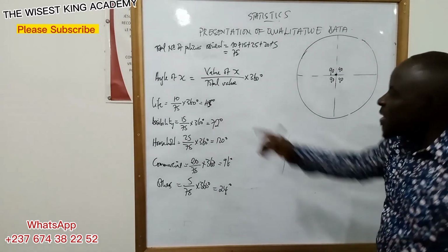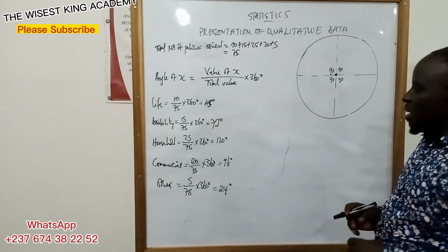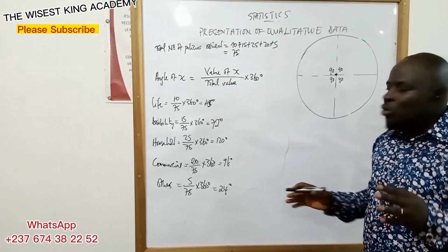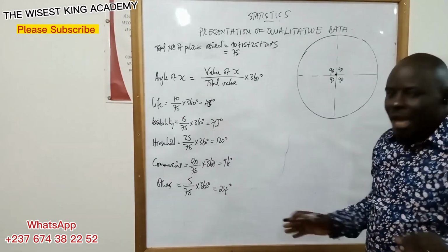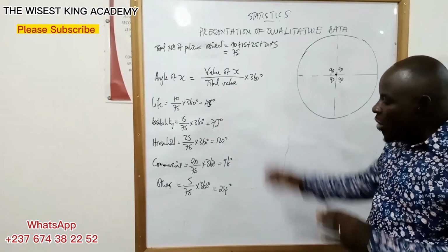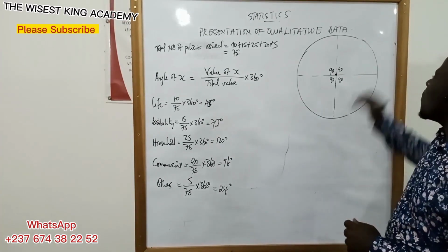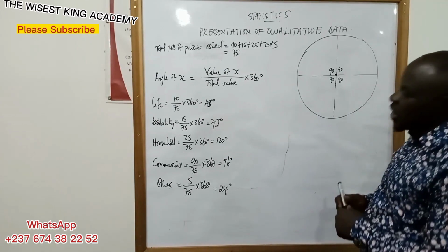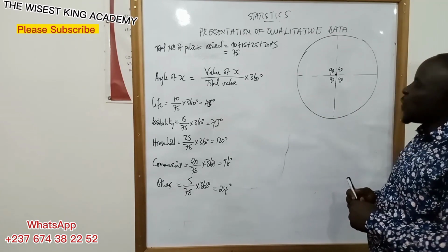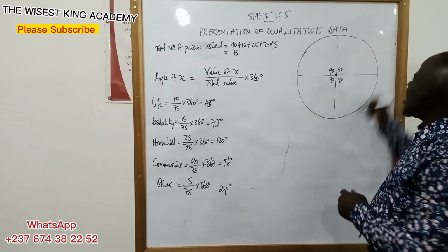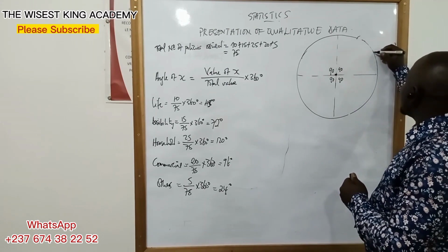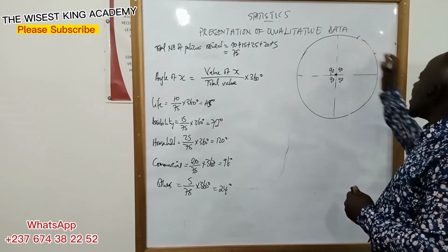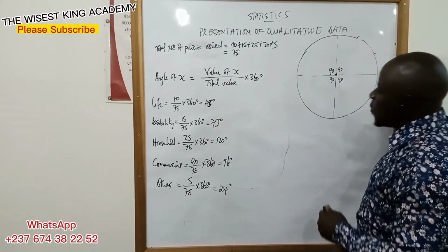Now, our first angle is 48. And please, you can plot it in any order, at your convenience. But now, let me go in order as it is here. The first angle is 48. Now, this is 90. If I divide this by 3, 30, 30, 30, right? So I need 48.